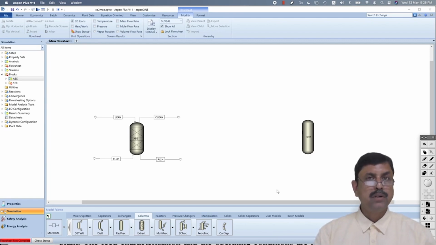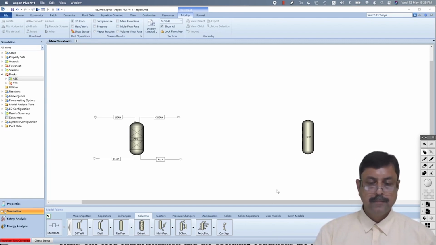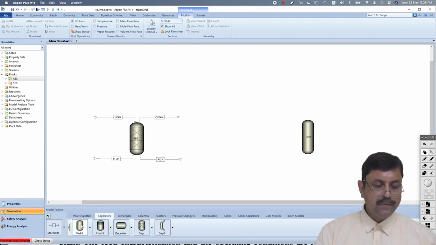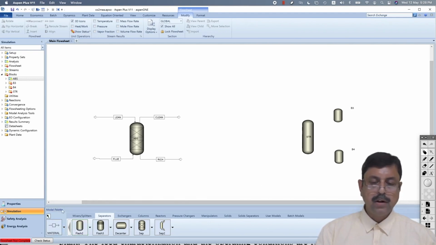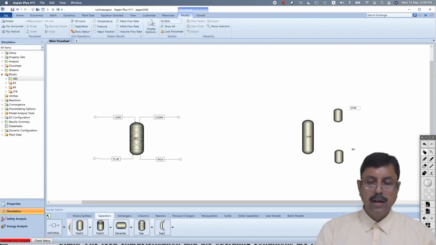And we will do the configuration at our choice. So for that, we choose one flash at the top, which will be our condenser, and at the bottom, which will be our reboiler. So we name it accordingly. This is our condenser, and this is our reboiler.